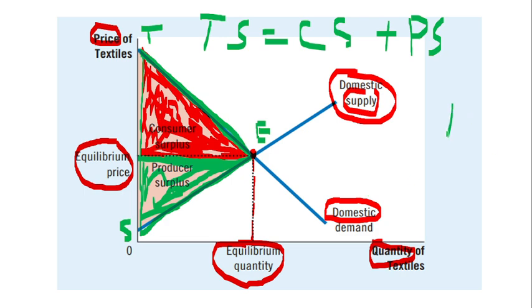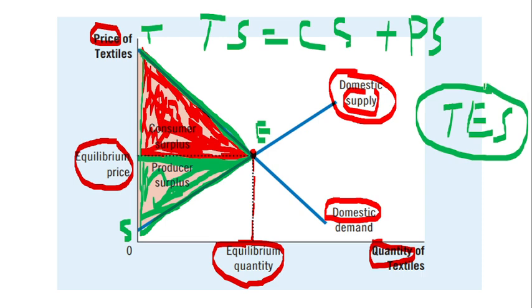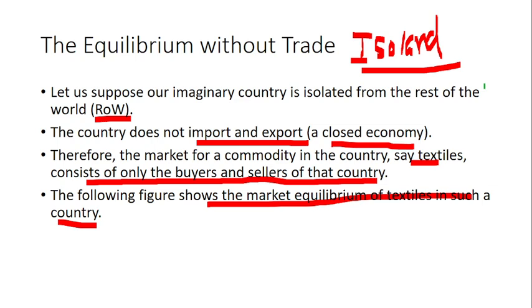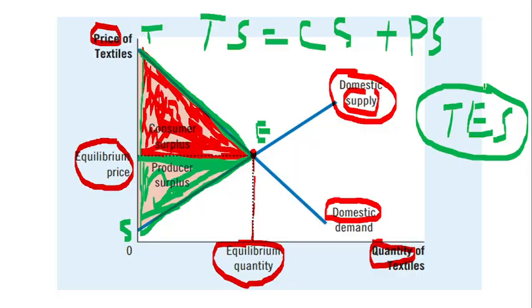TES shows the total surplus, or the total benefit that the producers and consumers of that country receive when there is no trade. So this is a particular situation when there is no trade. That's why we have named it the equilibrium without trade.